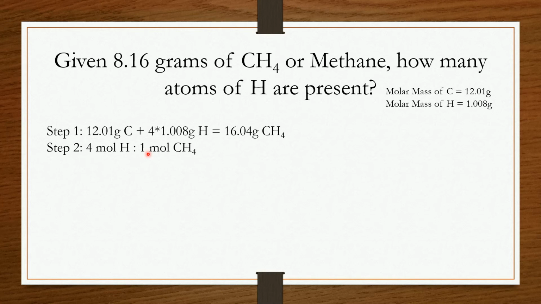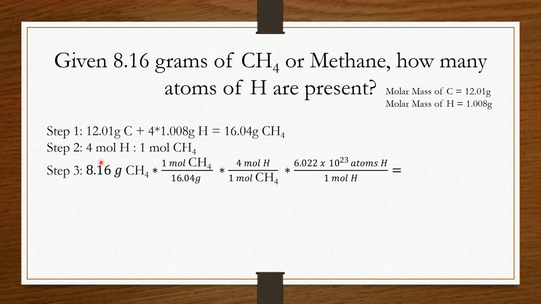So if we put it all in one step, 8.16 grams of methane times the conversion, 1 mole of methane per 16.04 grams of methane. Multiply that by our ratio, 4 moles of hydrogen per 1 mole of methane, and then multiply that by Avogadro's number.